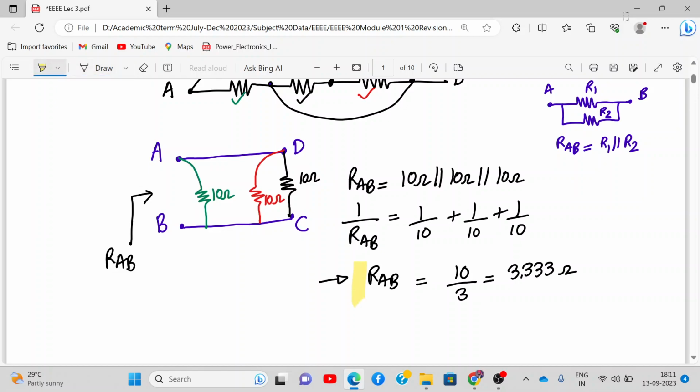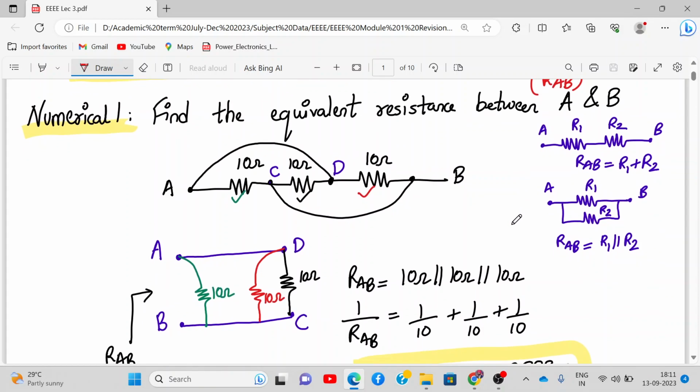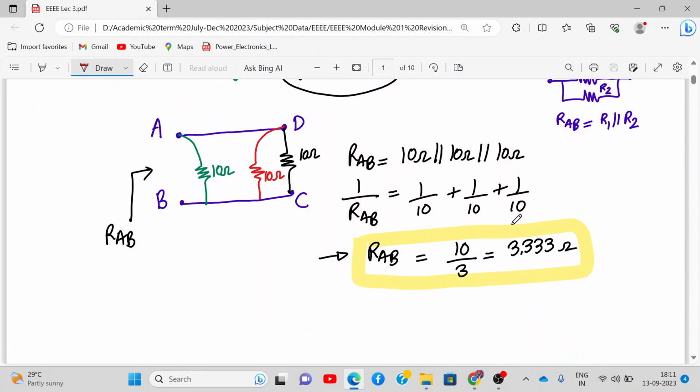Alright. So this is the equivalent resistance between point A and B, which we can write as RAB. Got it? So next time, whenever we find the equivalent resistance between any 2 points, we can write it as RAB, or between those 2 points, whatever names are defined there.